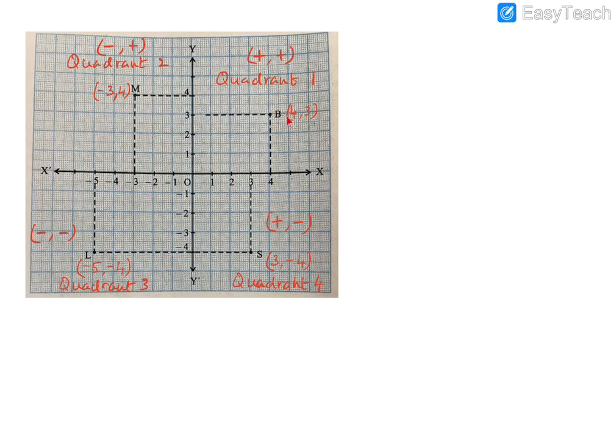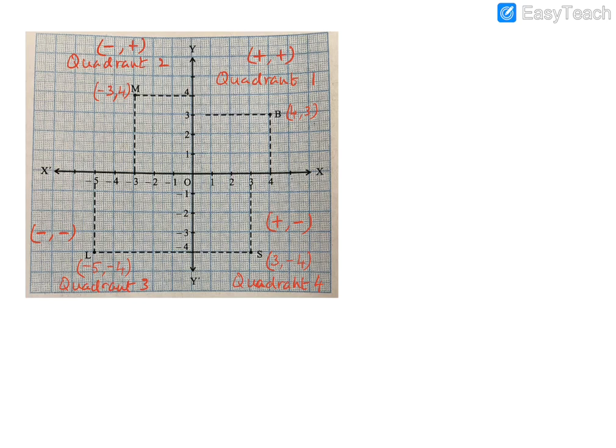Sometimes you will be given the points and asked to mark those points on a piece of graph paper, so you should be able to do that as well. And sometimes you'll be given the coordinates of the point and asked to determine in which quadrant that point is going to lie. So by knowing the sign convention for each of the quadrants, you should be able to tell in which quadrant that particular point is going to lie.